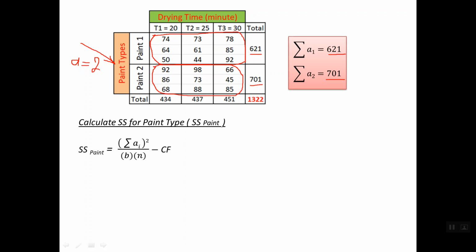We sum up the totals A sub i, A1 and A2, and square them. Then we divide by B times N. B here represents the levels of the second factor, which is 3, and N here represents 3.